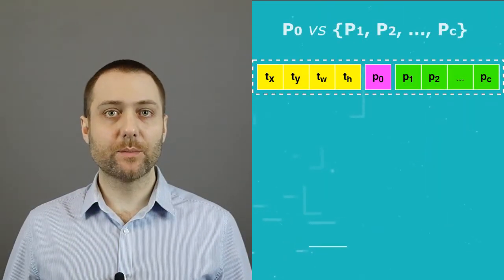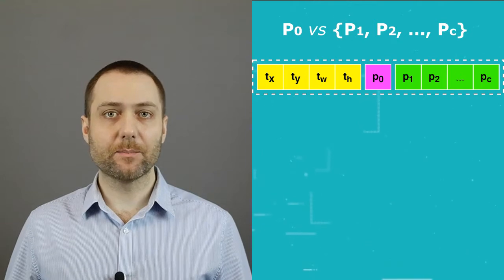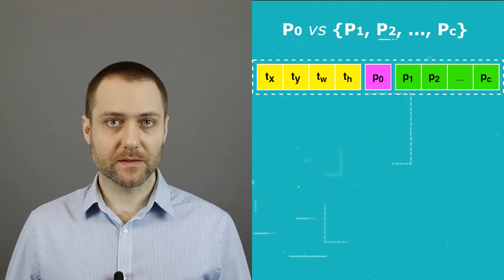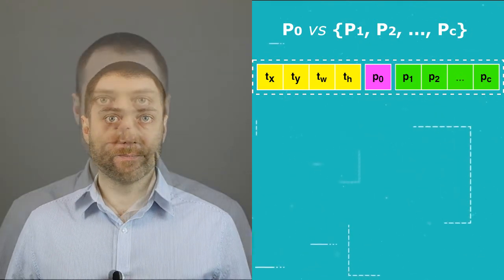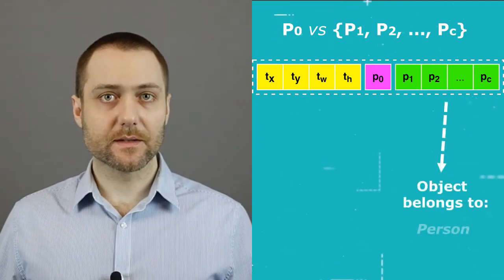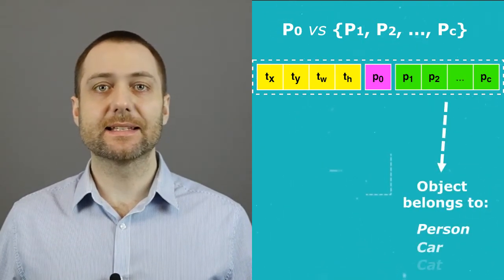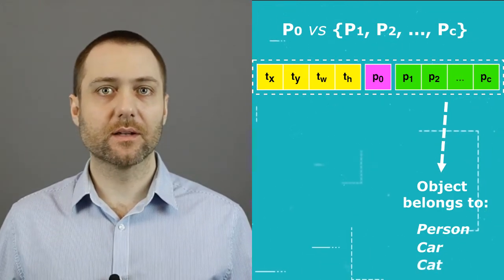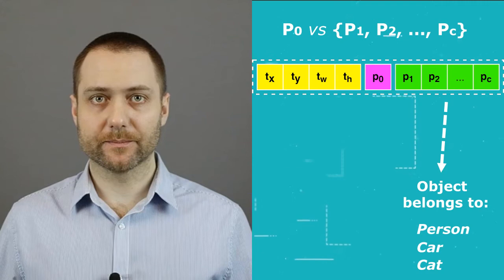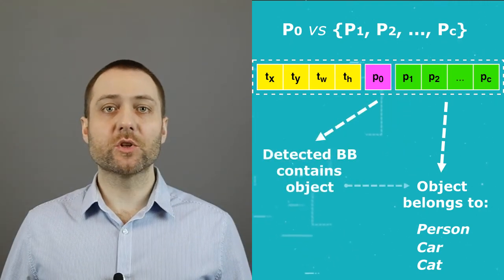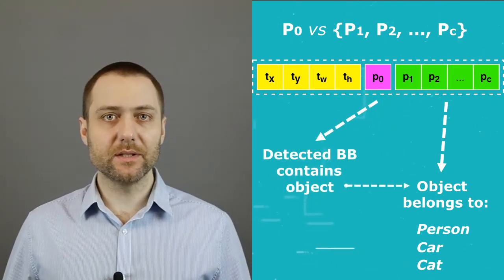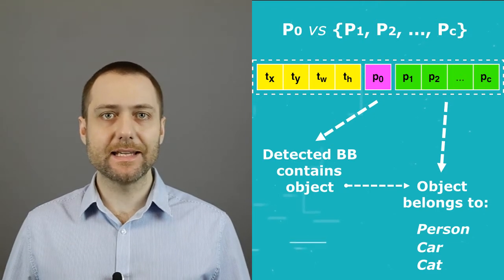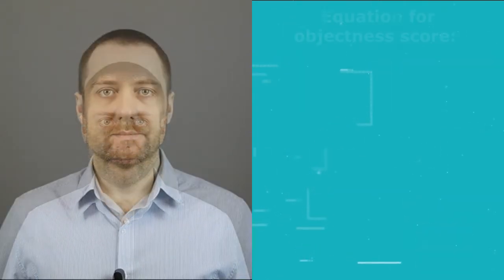The difference between the Objectness Score and the 80 probabilities for class confidences is that class confidences represent probabilities that the detected object belongs to a particular class, like person, car, cat, etc. Whereas the Objectness Score represents the probability that the bounding box contains an object inside.